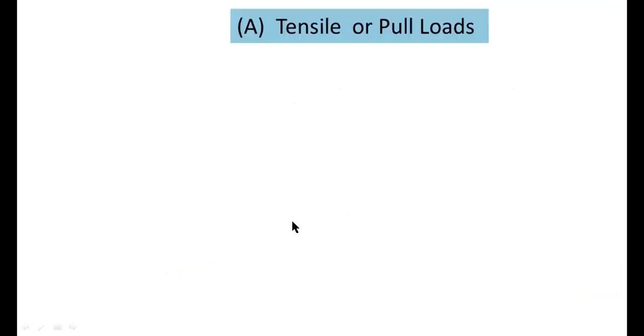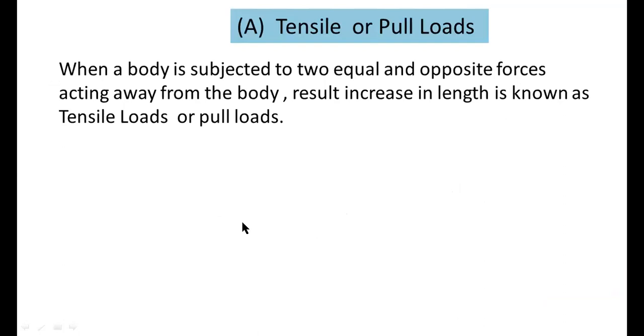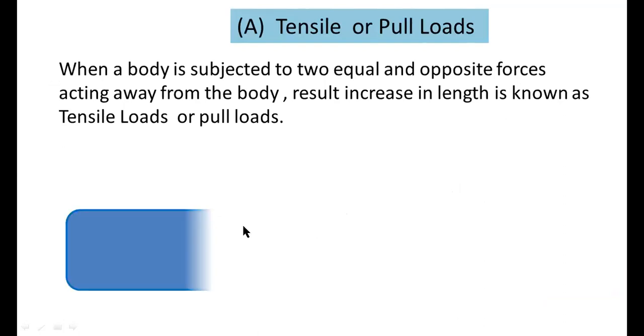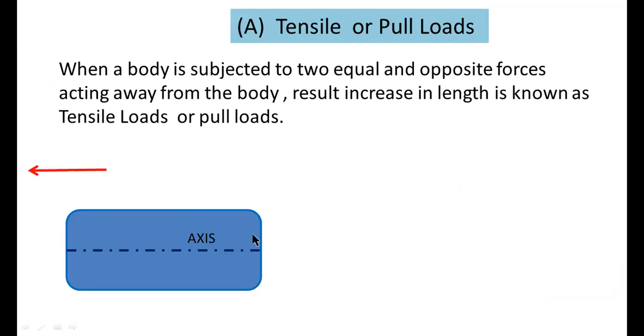Tensile or pull loads: when a body is subjected to equal and opposite forces acting away from the body, resulting in an increase in length, they are known as tensile or pull loads. Here, two equal and opposite pull loads are acting on the object.